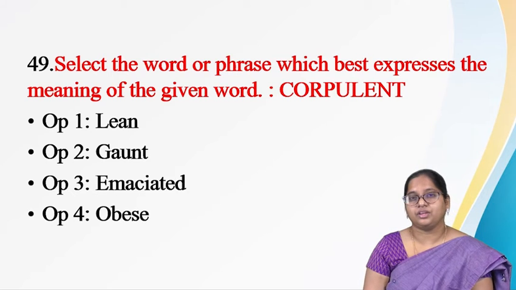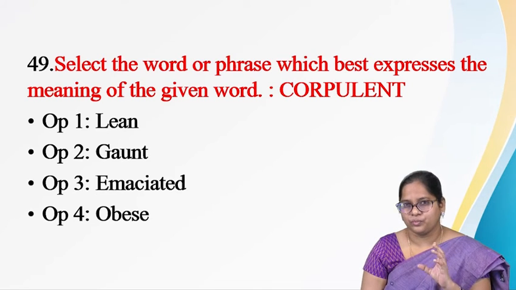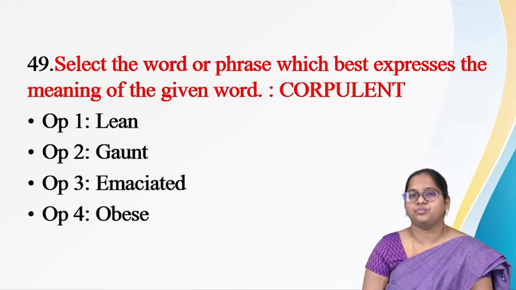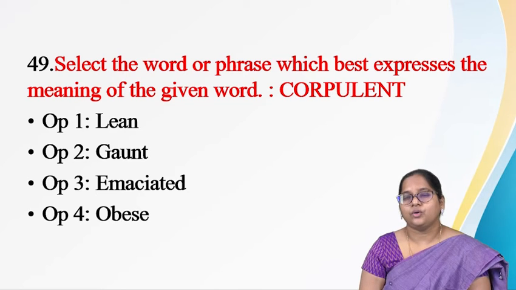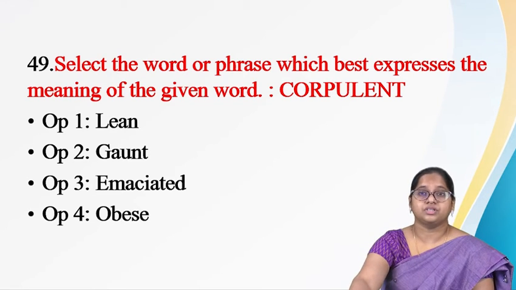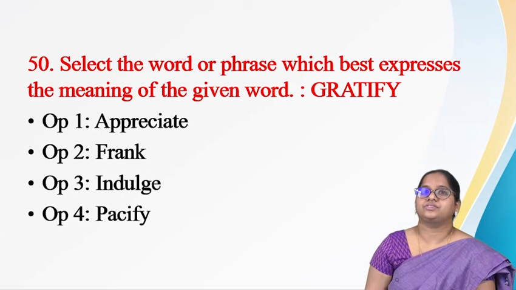Again, that's the same meaning, to do with body, physical fitness. Option 3, emaciated. Emaciated is very weak. No, again to do with body. Option 4, obese. Yes, obesity. Corpulent is to do with obesity. So here is another synonym in this question. Option 4 is the right answer.